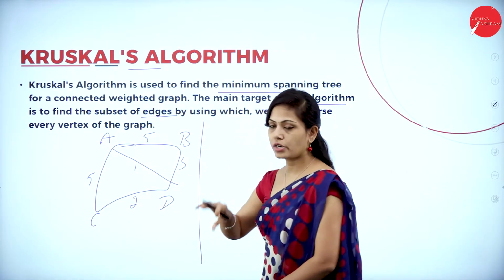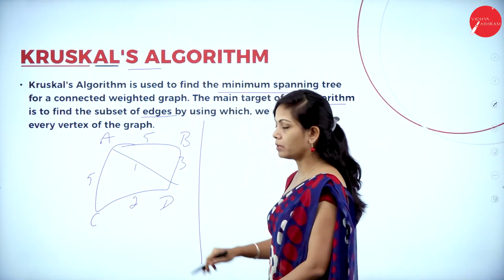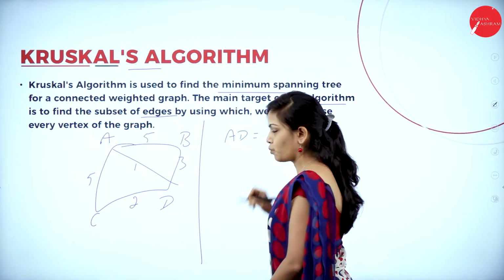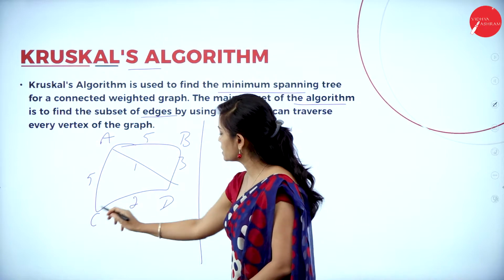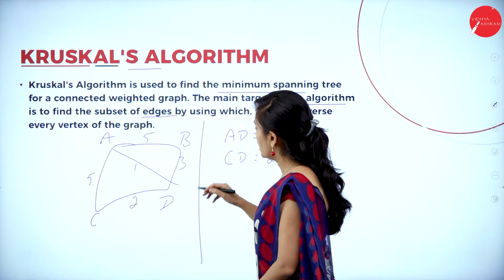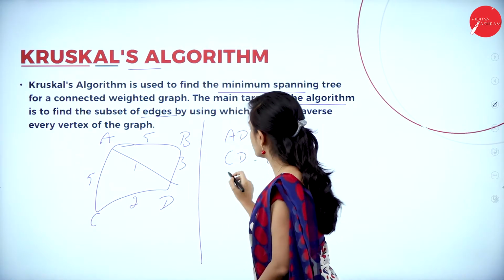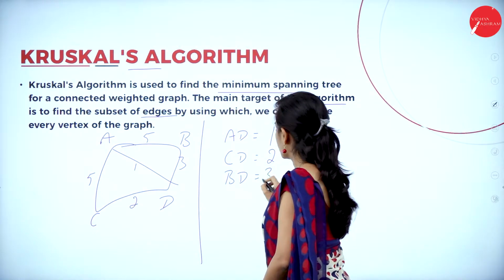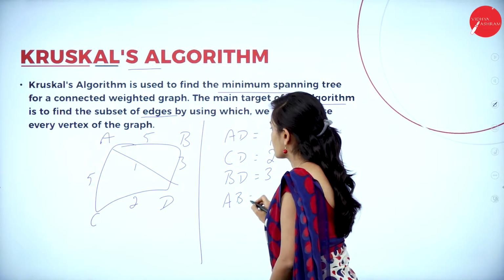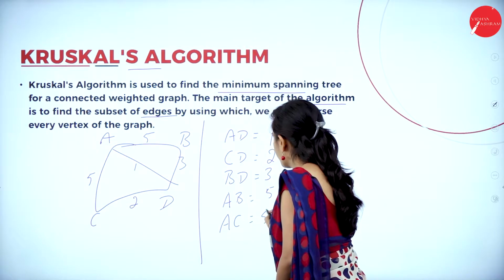So first I'll draw the minimum edge, that is A to D is minimum among all these edges. AD is equal to 1 and next is CD is equal to 2, and I list them according to their weights. Next is BD is equal to 3 and AB is 5 and AC equals 5.